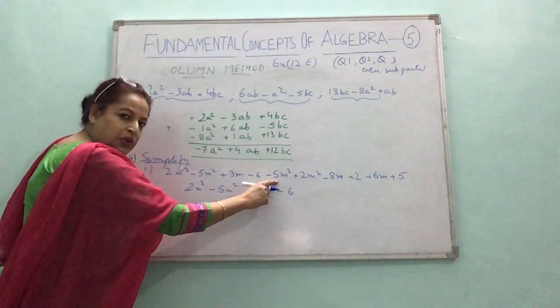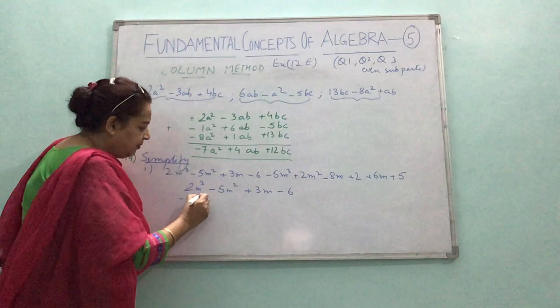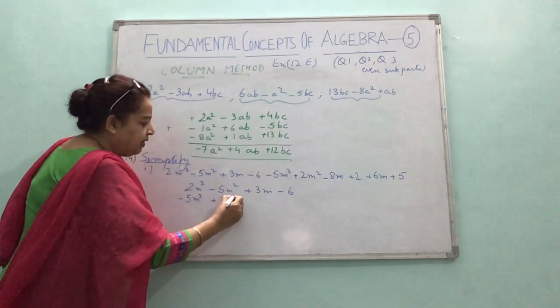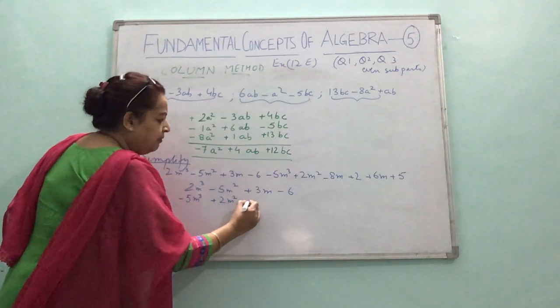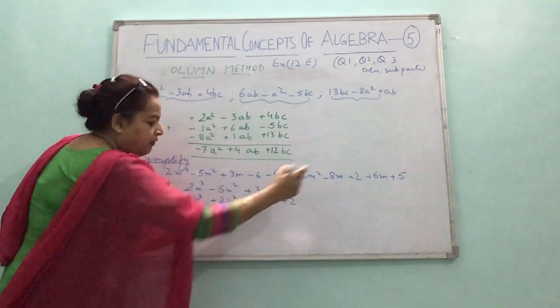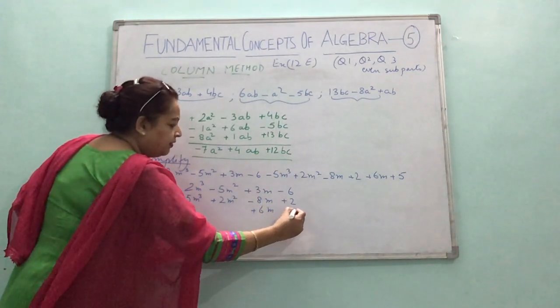Now I am getting another m cube term. I will put here minus 5m cube. Then an m square term, plus 2m square. Minus 8m, plus 2. Now one more, plus 6m plus 5.